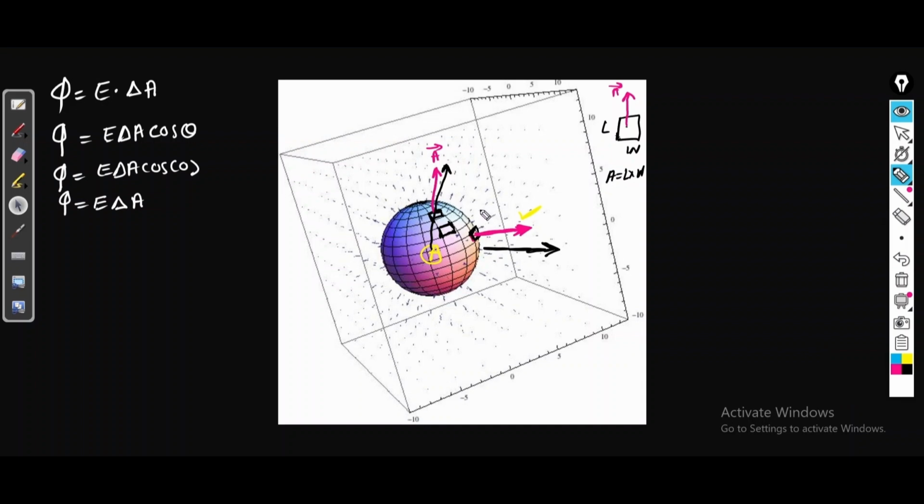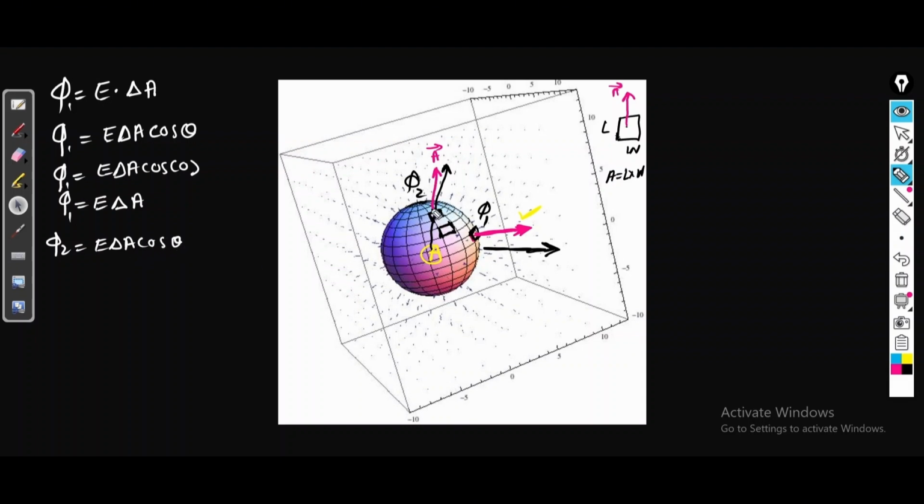In this case, the flux through the first area was phi 1. In this case the flux through this small area is phi 2. So for phi 2 the electric flux equation is phi 2 equal to E del A cos of theta.